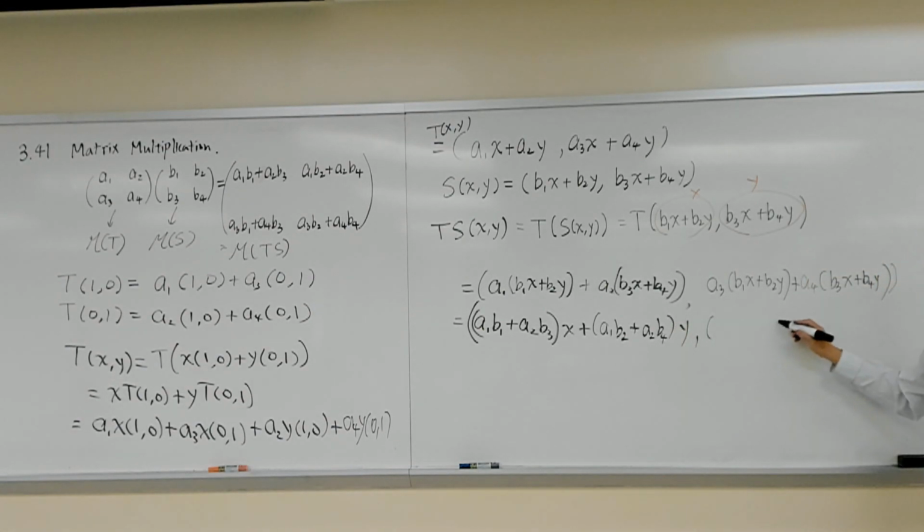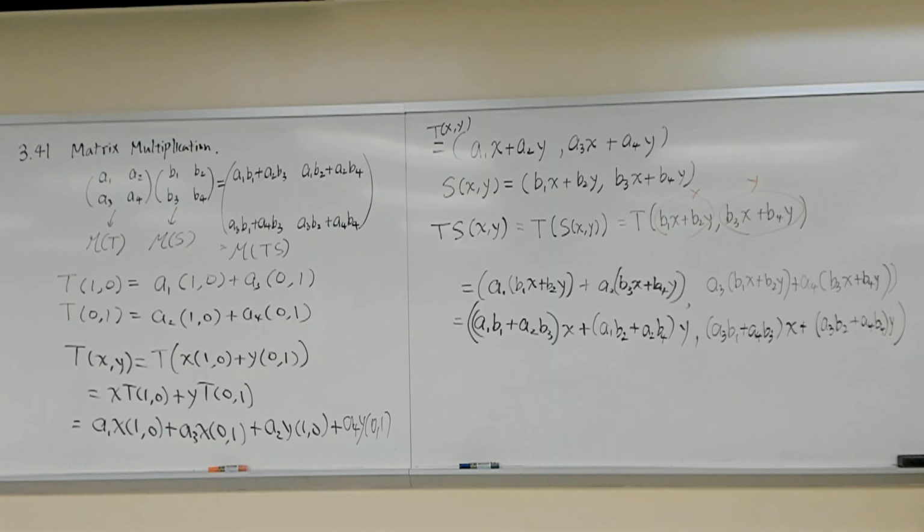Okay, again, we want to multiply out and gather the ones with x. I see A3b1 is multiplied, and over here A4 and b3 are multiplied. And for the y, A3 times b2, and then A4 times b4.